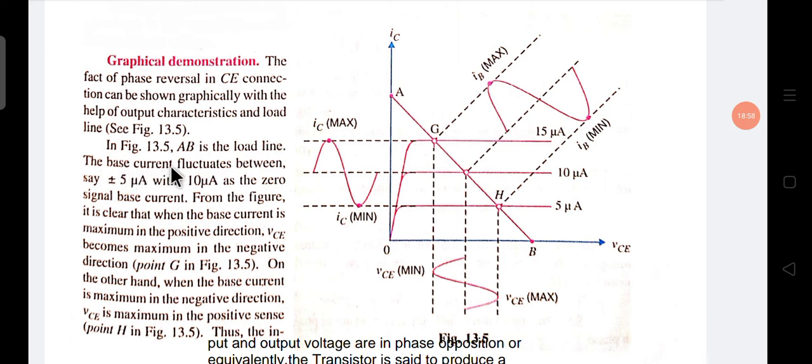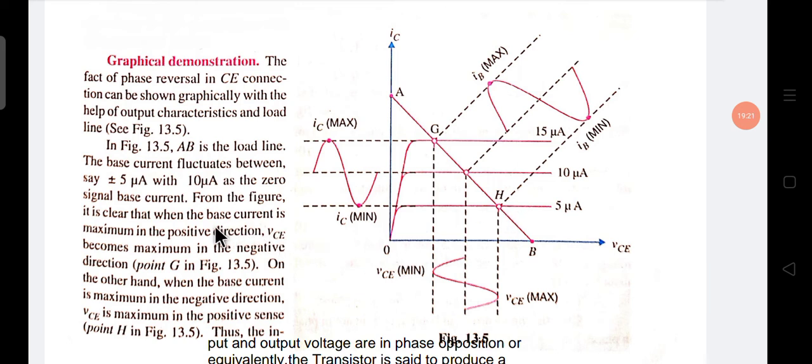The base current fluctuates between, say, plus and minus 5 microampere with 10 microampere as the zero signal value. This is 5 microampere, 10 microampere, and 15 microampere. So the base current here fluctuates like this.